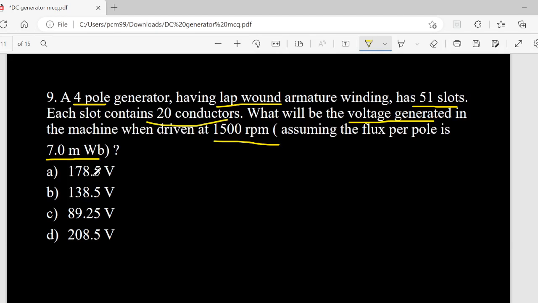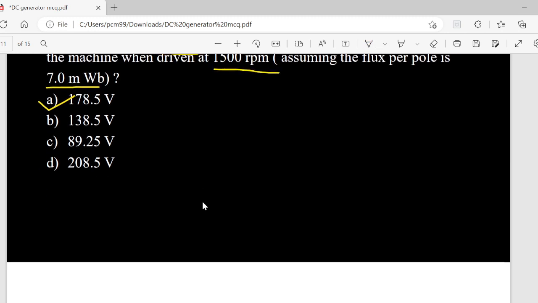Option A 178.5 volt, option B 138.5 volt, option C 89.25 volt, and option D 208.5 volt. The correct answer is option A, 178.5 volt. Now next we will discuss how to solve this question in a simple way.